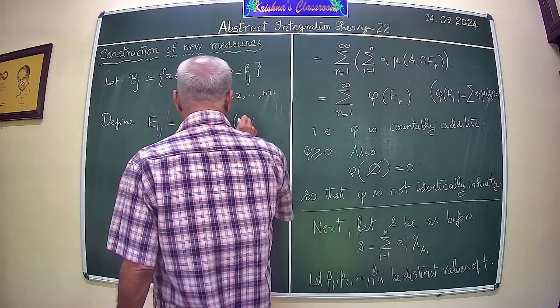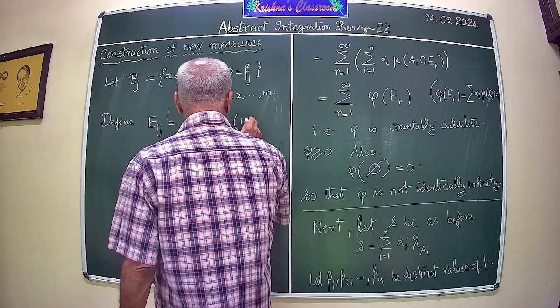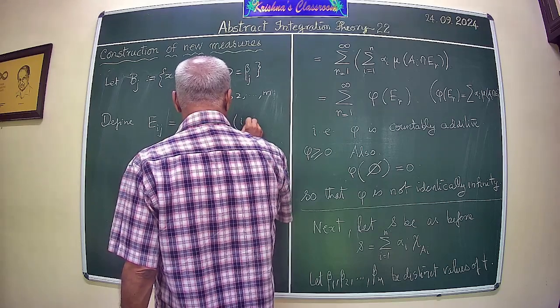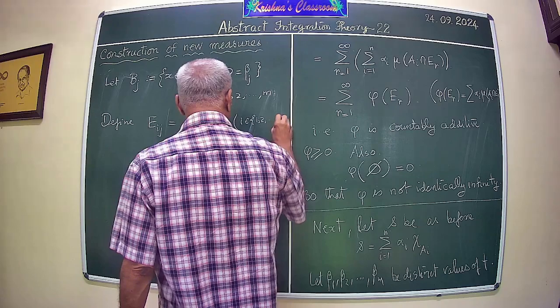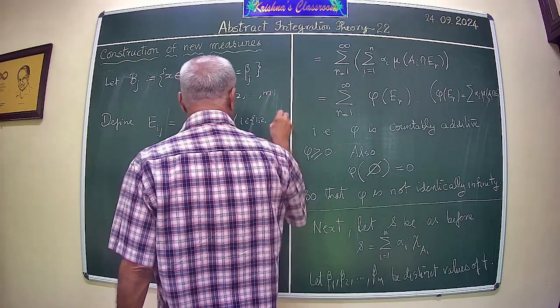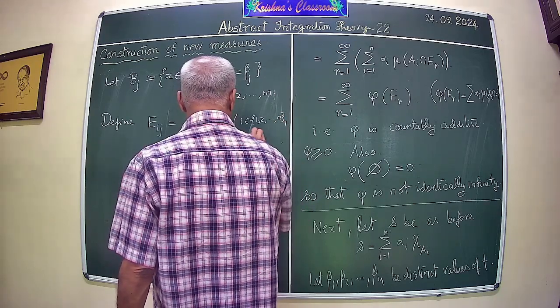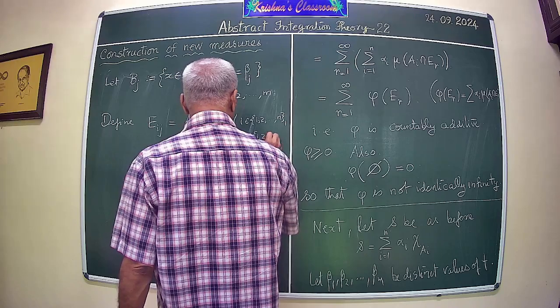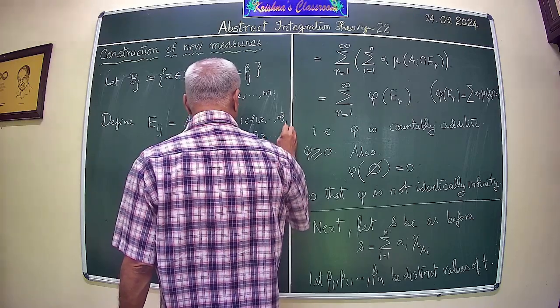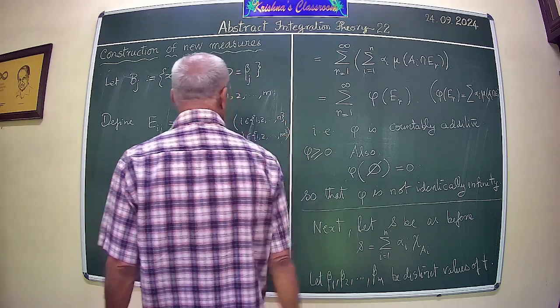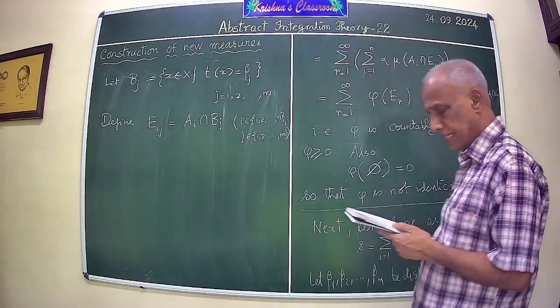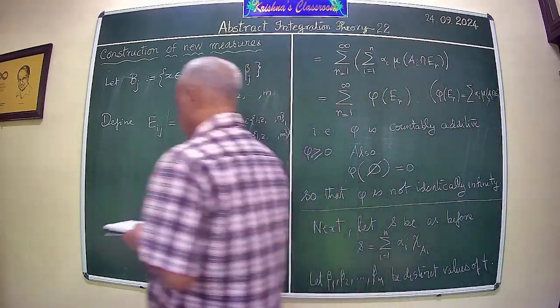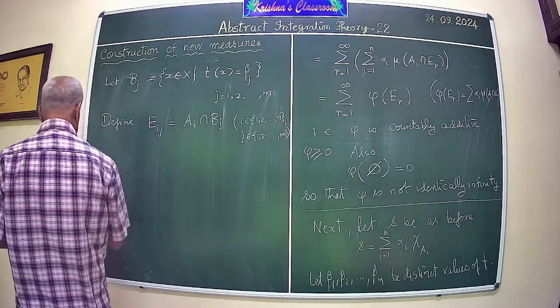So i belongs to 1 to n, j belongs to 1 to m, that is E_ij. Then you define this or integrate this.